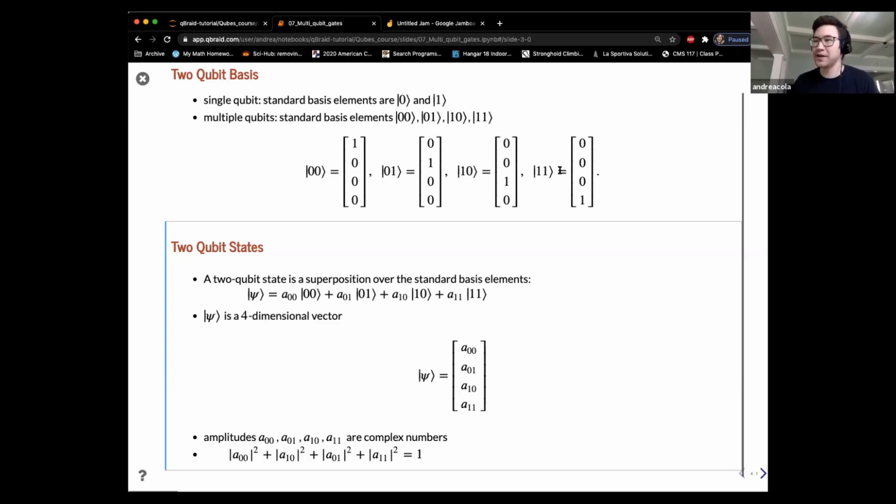So does it make sense why a state of 2 qubits is a vector in 4 dimensions, before we proceed further? Sai says yes. Good. Very good. So it's a very natural generalization, right? You're just a superposition over all possible classical strings. That's the way to see it.